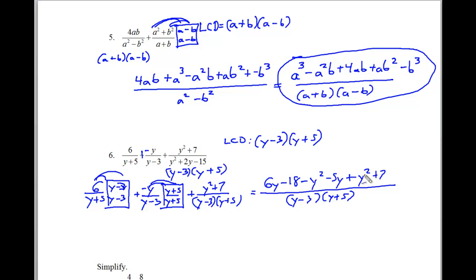Let's do some simplification in the numerator and see if anything simplifies out here. Our minus y squared and plus y squared simplify to 0, in this case. And the 6y minus 5y makes just a y. Then we have negative 18 plus 7, which is going to be plus negative 11, all over y minus 3 and y plus 5.